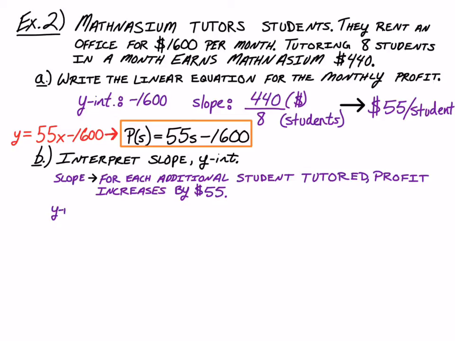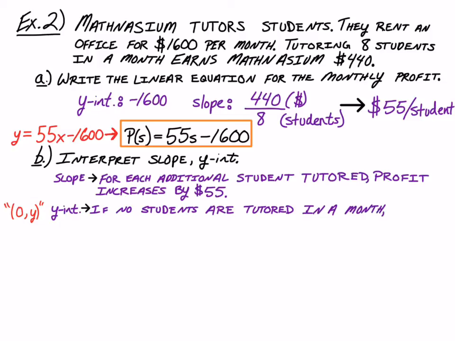All right, and the y-intercept, the negative 1,600 piece. So remember, for the y-intercept on the graph, it's 0, y. The y-intercept happens when the x value is 0. So let's use that for this explanation. So even if they tutor no students, so if no students are tutored, they're still in the hole, $1,600, right?